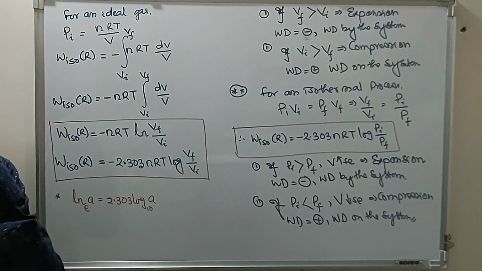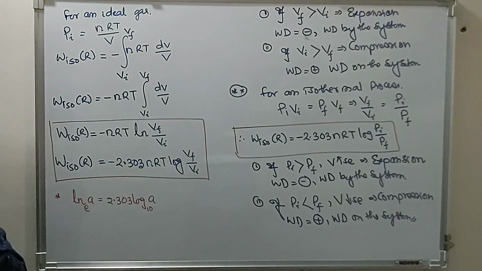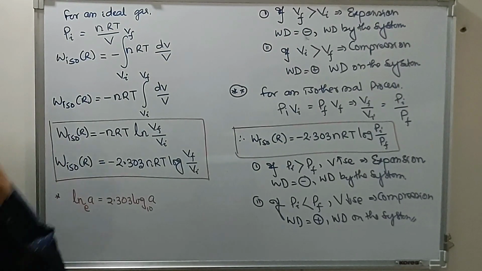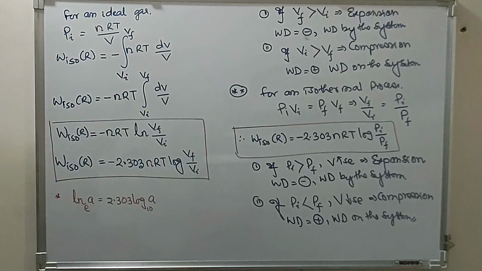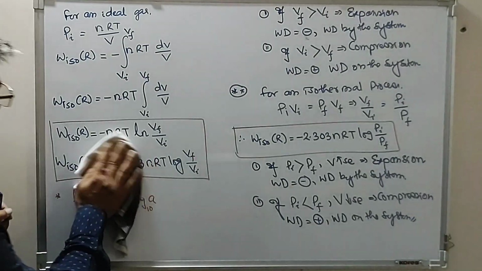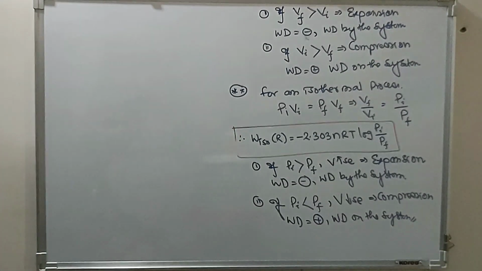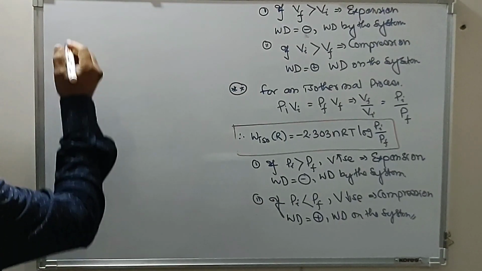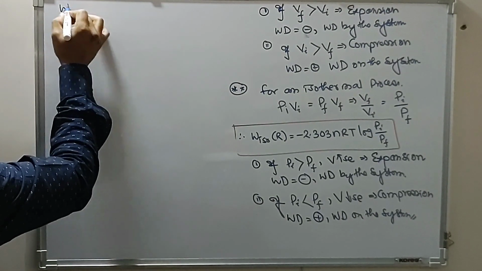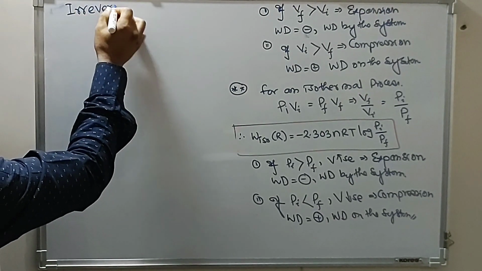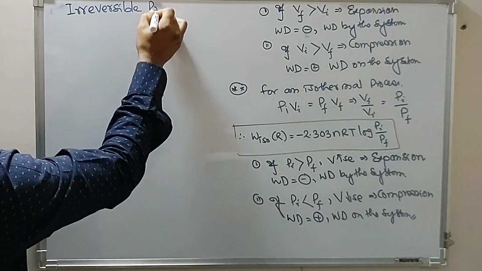Now, for this isothermal process, the work done can be defined for an irreversible process, in which the change is finite and taking place in a particular direction. So we have this irreversible process.